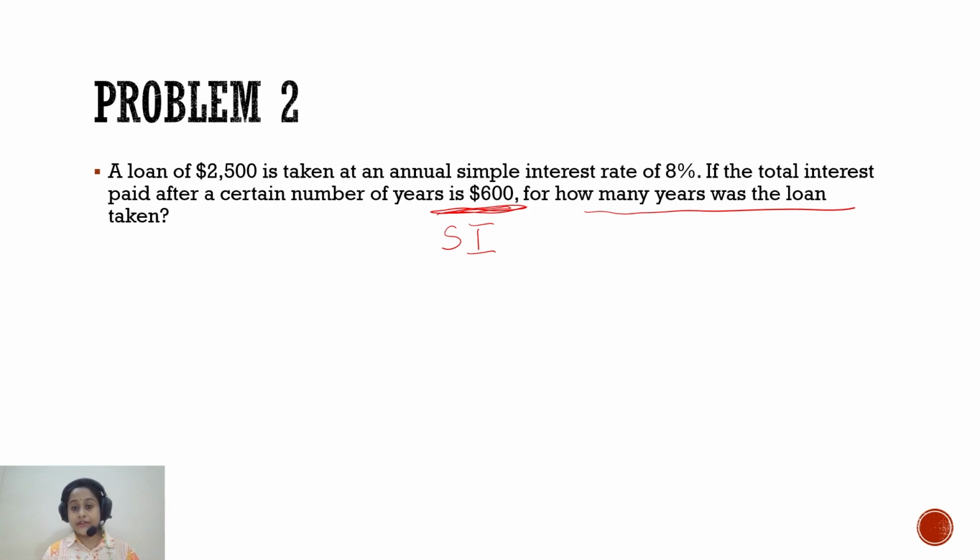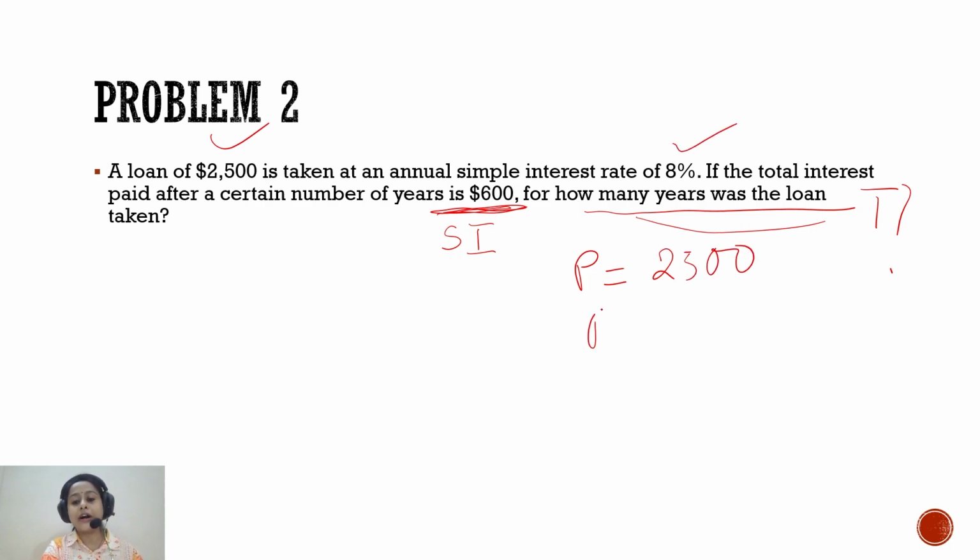So one variable that you have to find out is the years, that is T. We know the principal, which is 2500. We know the rate of interest R, which is 8%, and also we know the calculated value of simple interest, which is 600. We have to find out T.